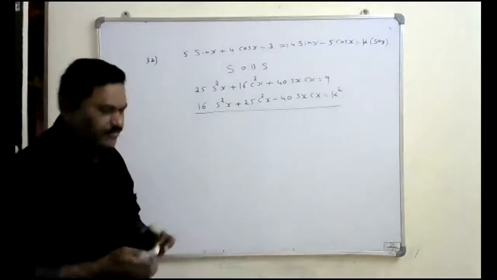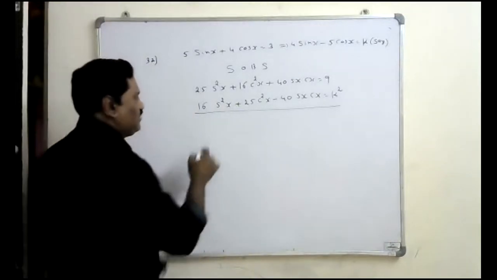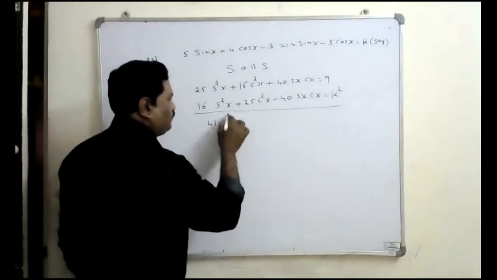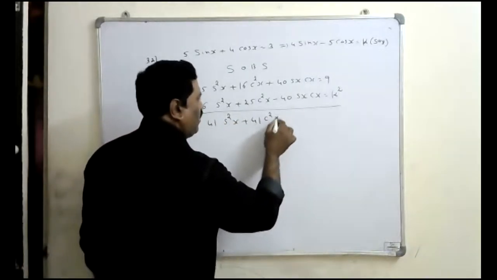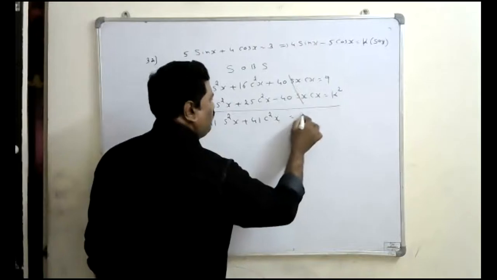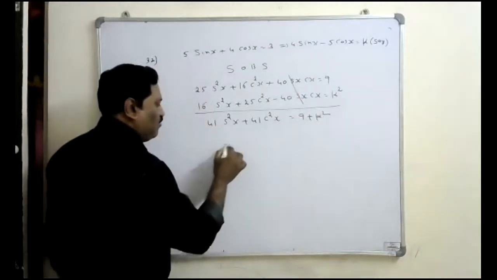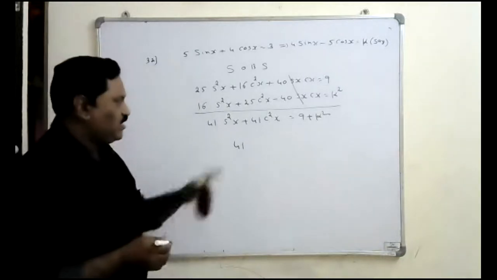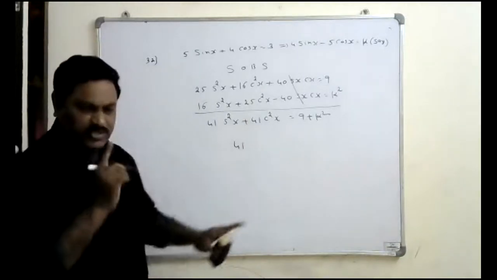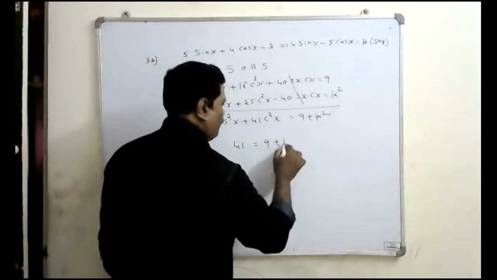If we add them, 25 plus 16, that is 41 sin square x plus 41 cos square x, and this term is getting cancelled, is equal to 9 plus k square. So from this I can take the 41 common. Remaining is sin square x plus cos square x, which is 1, is equal to 9 plus k square.